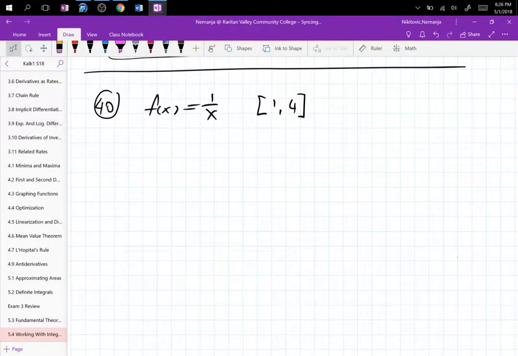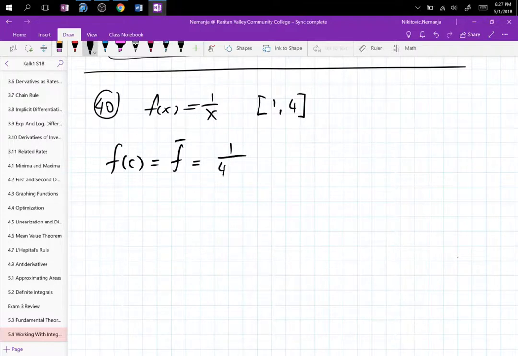So we start with f of c, which is the average, and that's 1 over 4 minus 1, integral 1 to 4 of 1 over x dx.